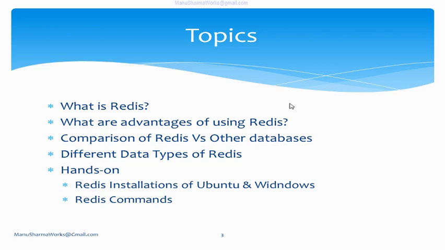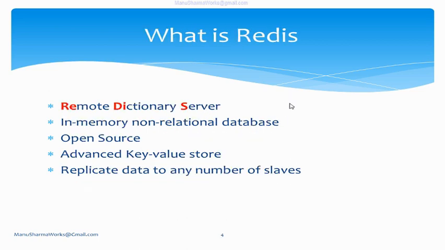After this, I'm going to give you hands-on experience of how Redis can be installed on Ubuntu and Windows, and what the different commands are. In addition, I will give you a brief demo about how we can connect the Redis database in a .NET application. So let's start.